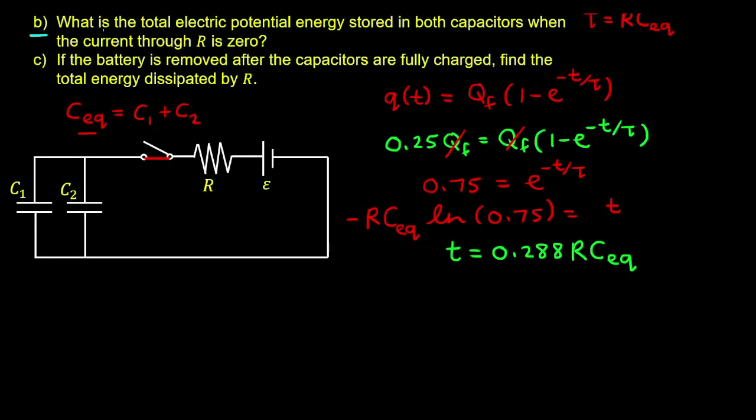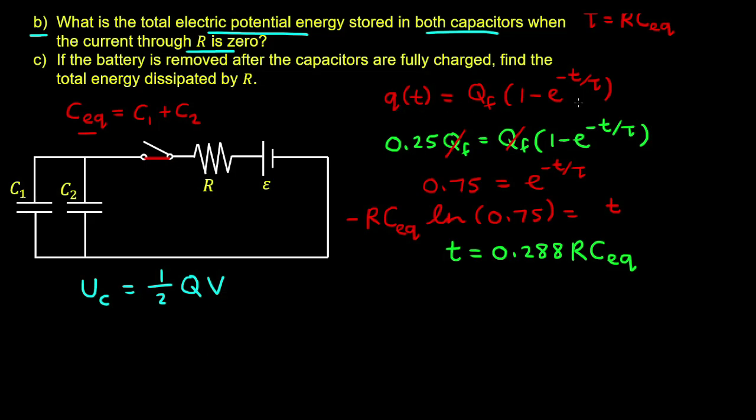And in part B, what is the total electric potential energy stored in both capacitors when the current through the resistor is 0? So recall the electric potential energy in a capacitor is 1/2 by the charge stored on its plates by the voltage across the plates.